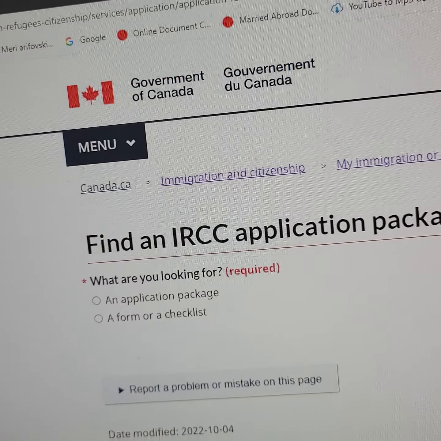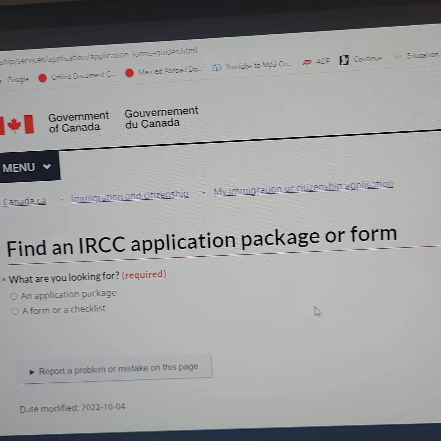IMM1344, the sponsorship application. Now, if you want to find this form, you will have to go on and find an IRCC application package or form, and that will look like this. Okay, it's on the government website.